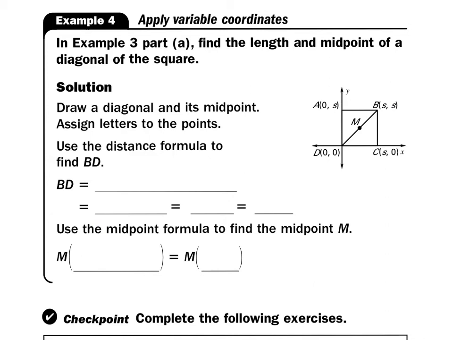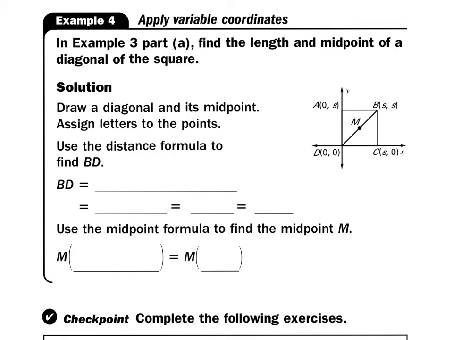Example 4. Apply variable coordinates. In example 3, part A, find the length and midpoint of a diagonal of the square. Well, we go ahead and set the square on the origin and put in all our S's. And then we're going to find the distance from B to D by using this distance formula. Remember, the distance formula is part of the Pythagorean theorem.